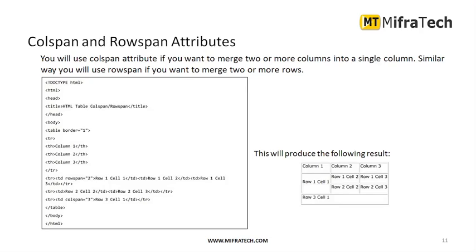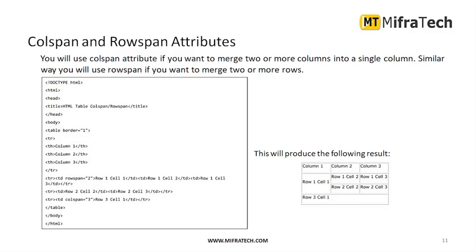Colspan, rowspan. Like cell attributes, they are shown as a column and a row. Here you will see the colspan attribute if you want to merge 2 or more columns into a single column.